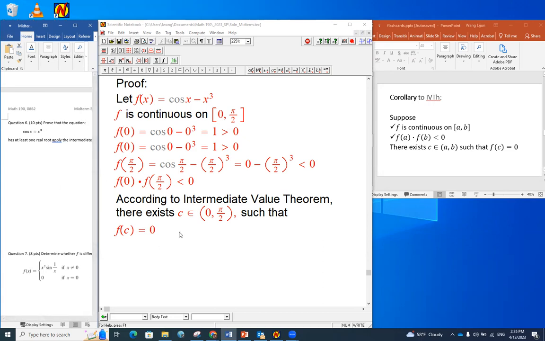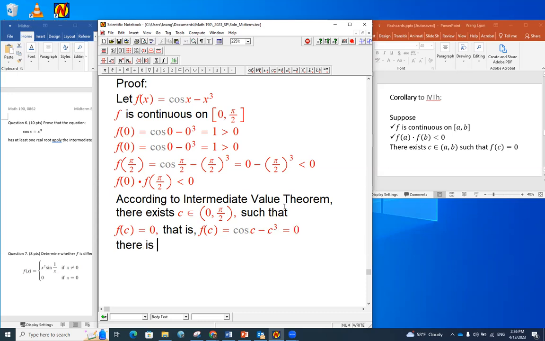Such that, if you elaborate it, because you want to write the final form similar to what is given. What is f of c? We know that the c exists, and that f of c equals 0.